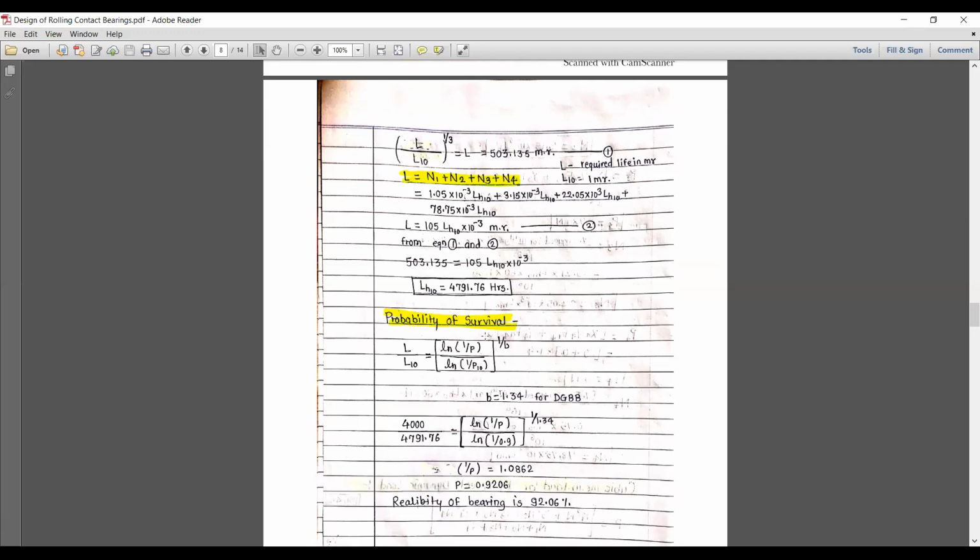So by equating equation 1 and 2, what we get is the value of LH10 is equal to 4791.76 hours.